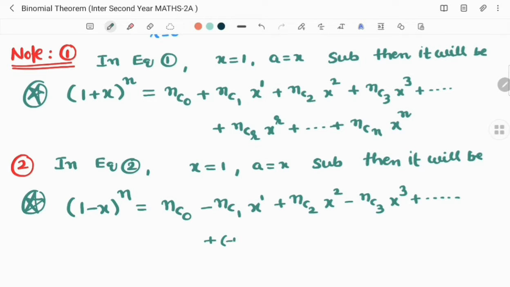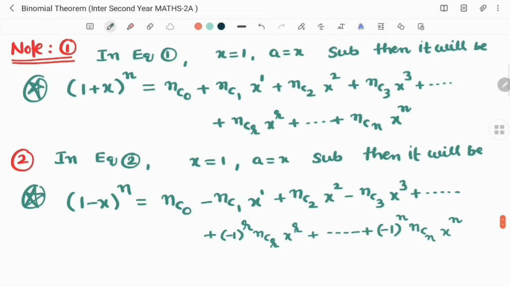Here minus 1 whole power r nCr x power r plus and so on, minus 1 whole power n nCn x power n. We don't know whether it is minus or plus. That is the reason we are writing like this.